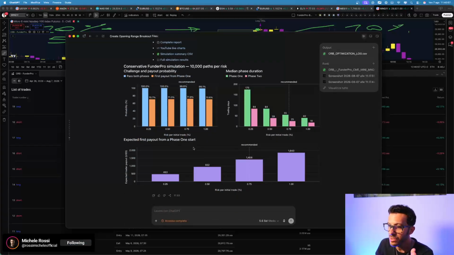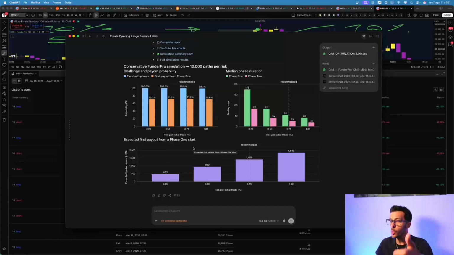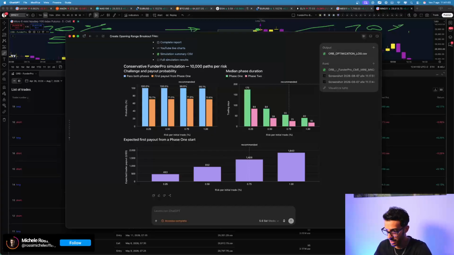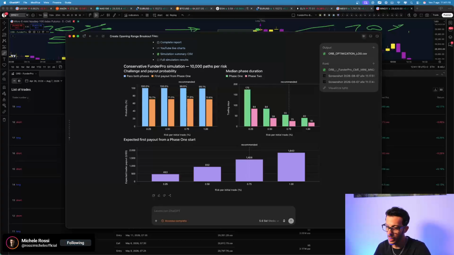In that case, reducing the risk makes the process slower but improves the chance of survival. So that information is more valuable than simply saying my backtest made 18%, so I should pass. We now have an estimate of the journey, not only the destination.